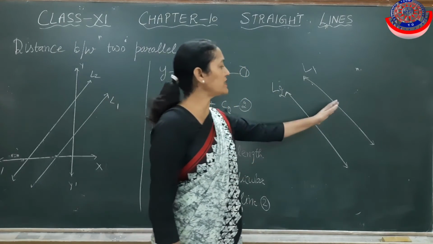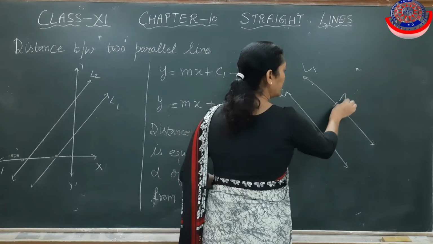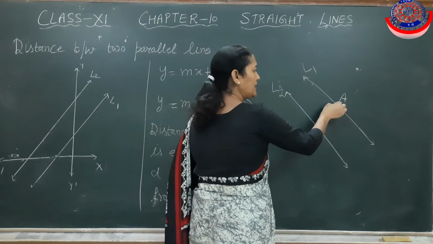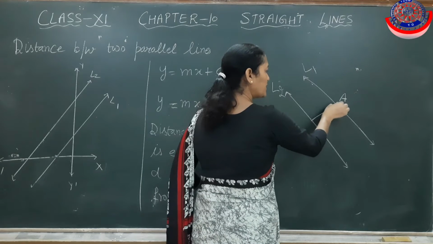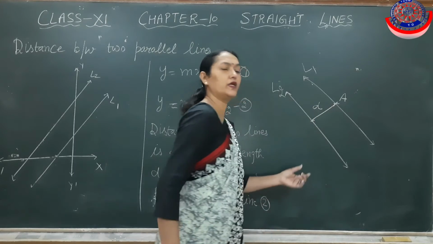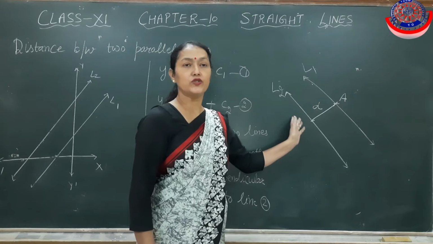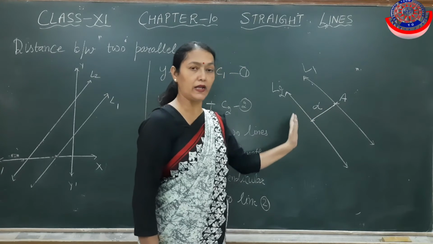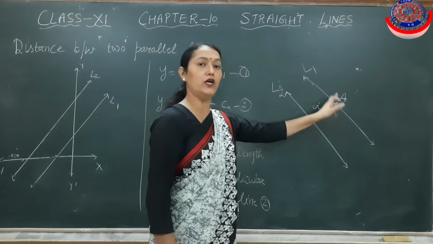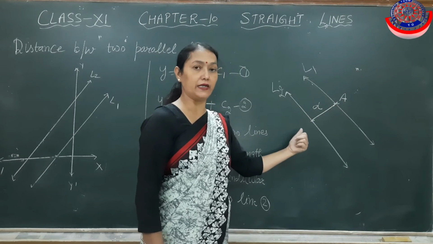If they say find out the distance between these two parallel lines, and I take a point A on the first line, and I calculate the distance of this point from line L2, can't we say D is the distance between two parallel lines also? So for finding the distance between two parallel lines, simply we can obtain the distance of a point A situated on the first line from the second line.